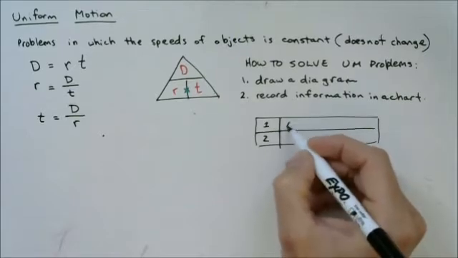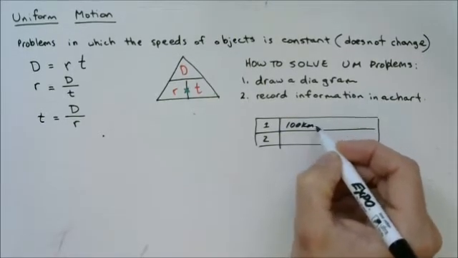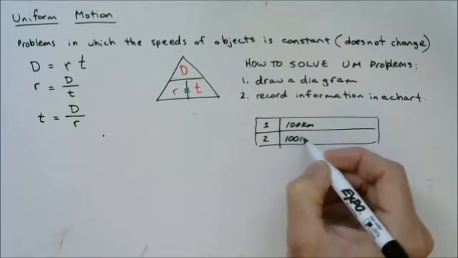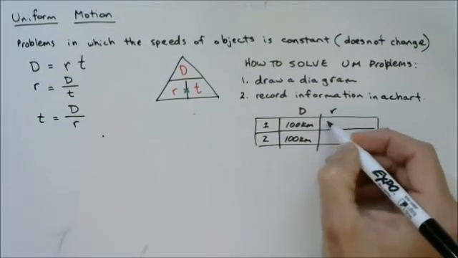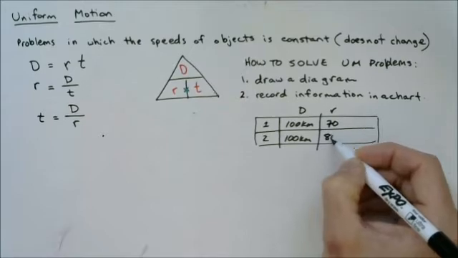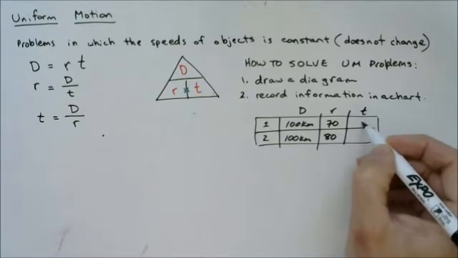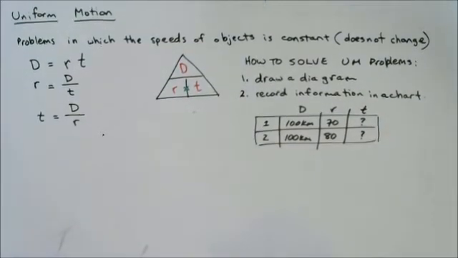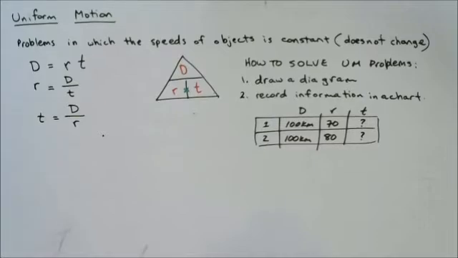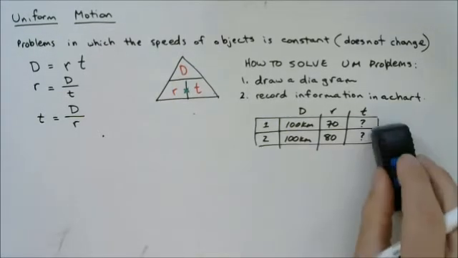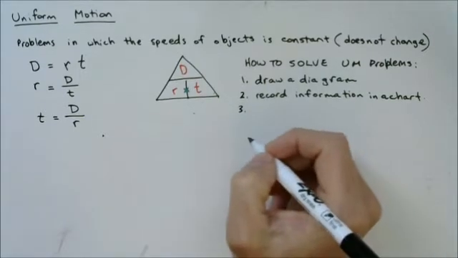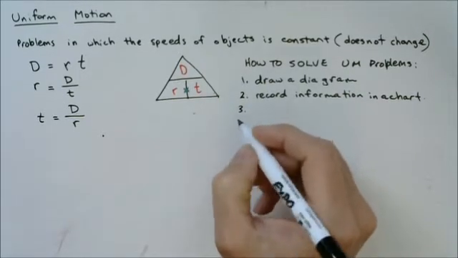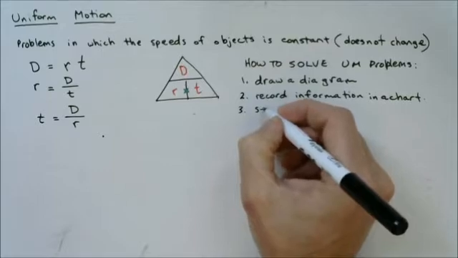You'll have the distance that they travel. Maybe they're traveling both the same distance. Then you might have the rate that they're traveling. And for time, maybe the question is, how long does it take for them to get there, or something like that. Okay? Chart.